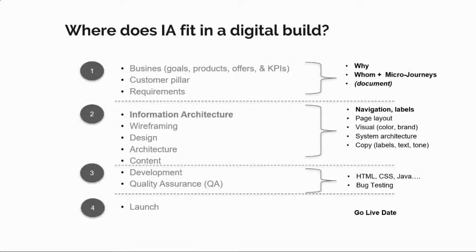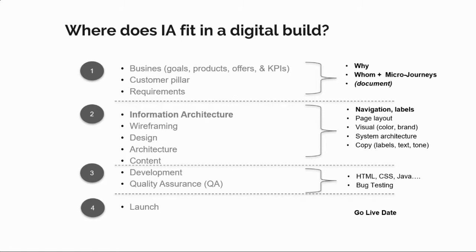This is to show you the steps that we typically follow when we build a mobile app, a kiosk, a mobile site, or an app, as I said. Usually we have 4 stages. Information architecture is usually the first deliverable of stage 2.